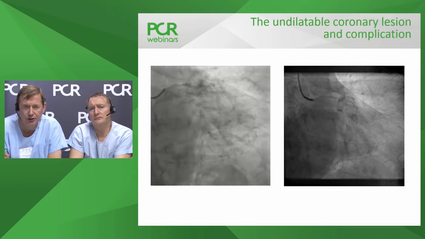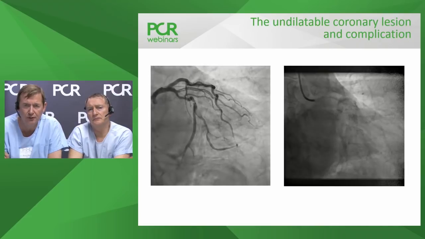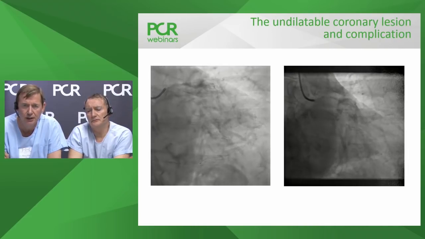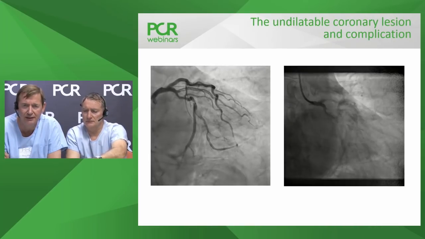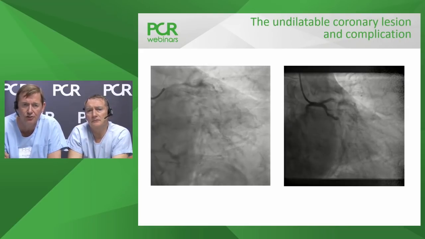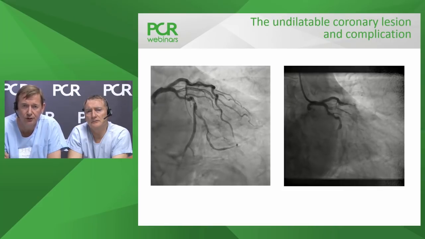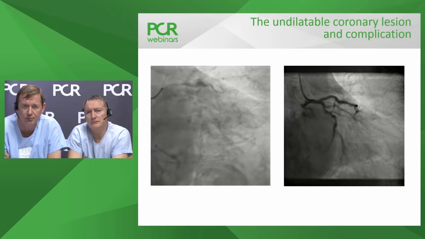And the final result of which there was extensive dissection, you can see, of the first high obtuse marginal, which was caused by an injudicious placement of a wire, and then complete spiral dissection due to untreated calcium of the obtuse marginal. And this was transferred to Toulouse for rotational atherectomy treatment.